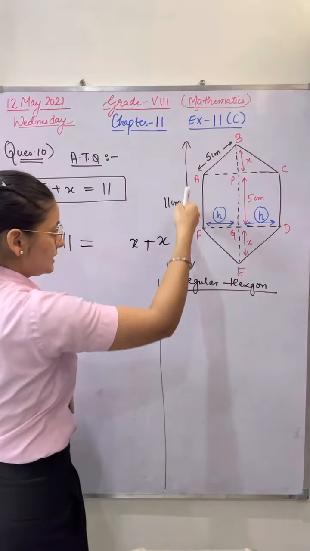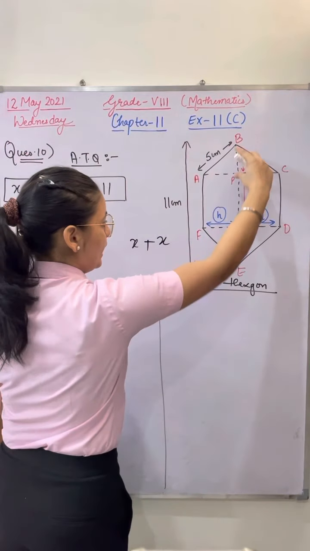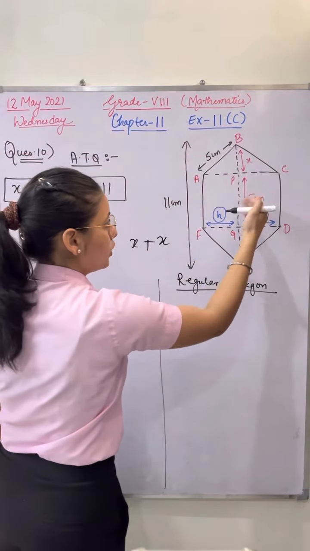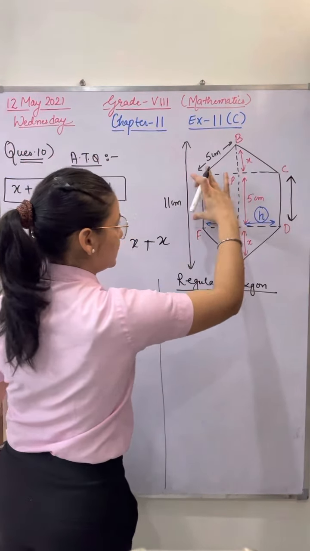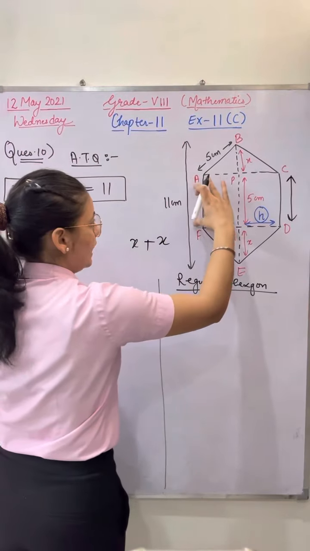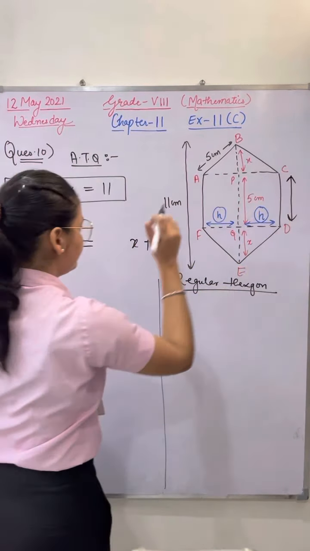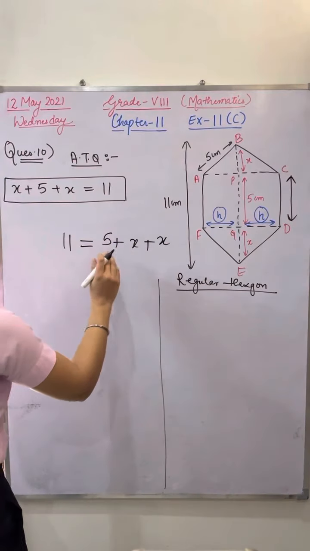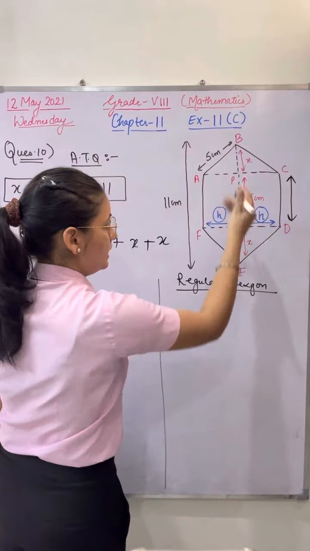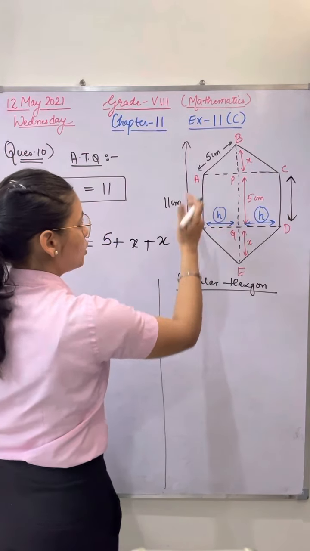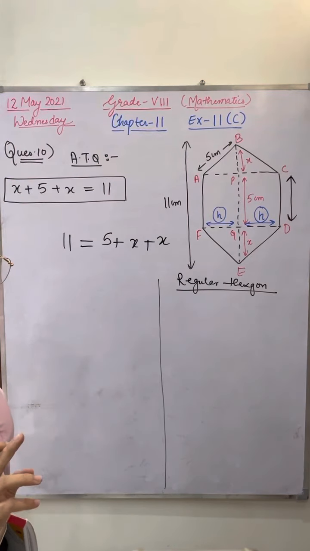They have equated this complete height with this complete height. 11 is equal to x plus x plus this, so this height is equal to this and this. And all the sides are of 5, so this will be 5 and this will be 5. They have added all these 3 sides, 1, 2 and 3, which is totally equal to this side. Got it? How they have written this?